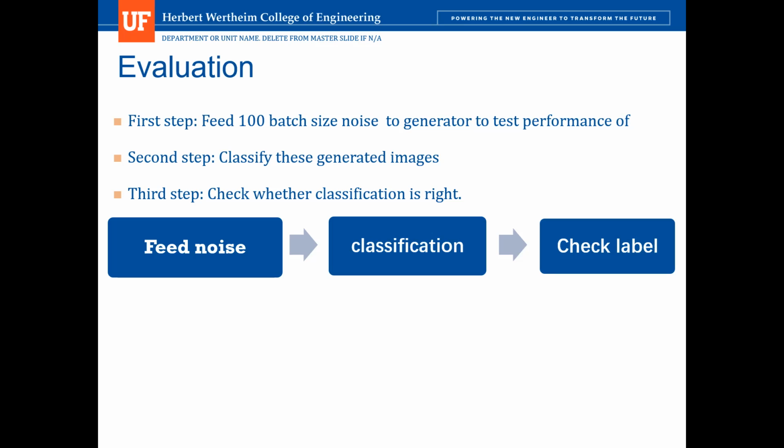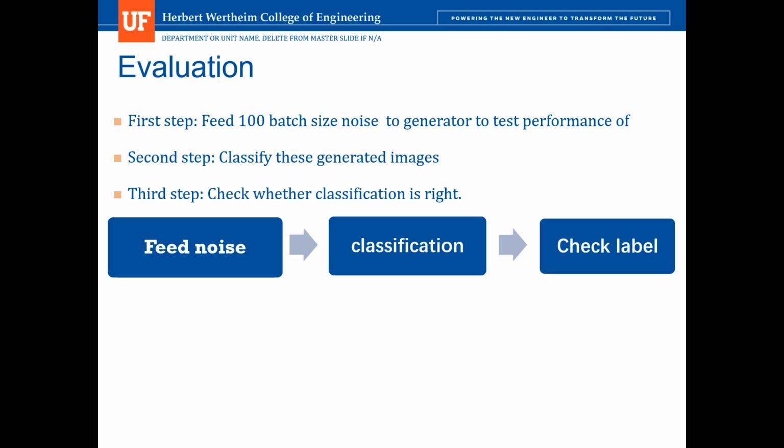After that, I will evaluate my well-trained DCGAN. First step, I feed a batch of 100 noise vectors to the generator to test the performance of the generator. The second step, I classify these generated images. The third step, I check the label of the generated images we produced.